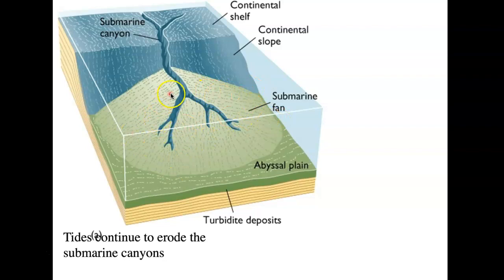This would be almost like what you would see if we have a wash flowing down the side of some of our mountains. You'll see this alluvial fan where sediment builds up. Here, it's just underwater, and that's because of these turbidity currents.